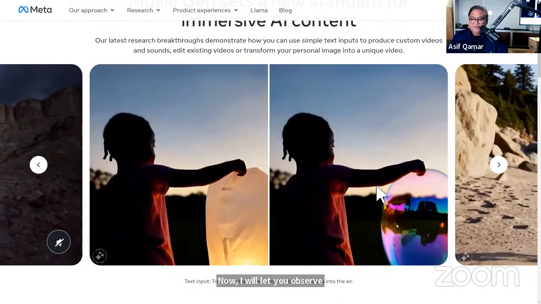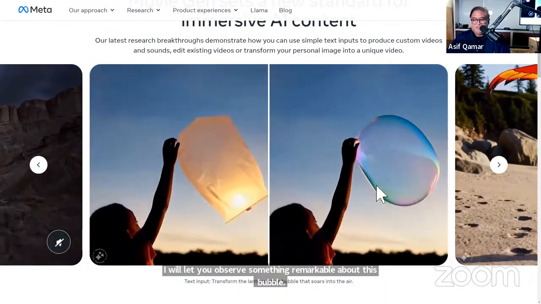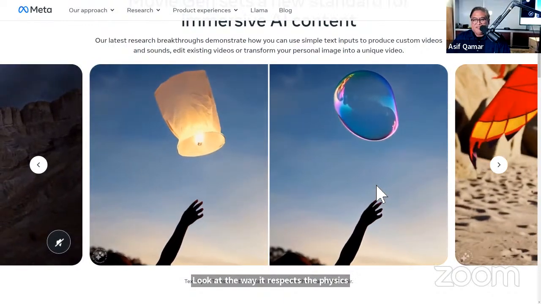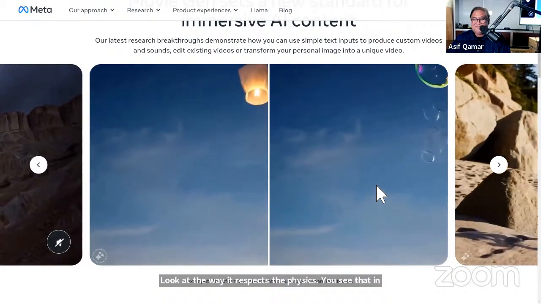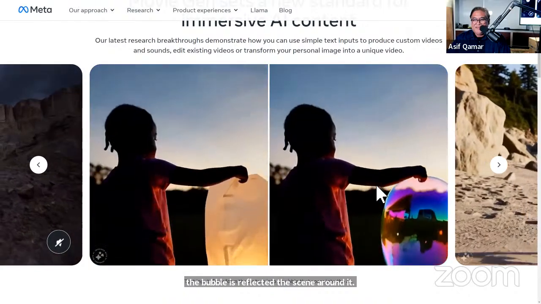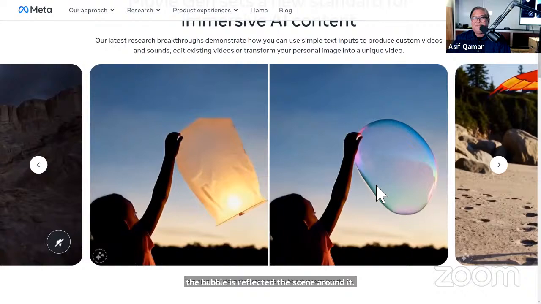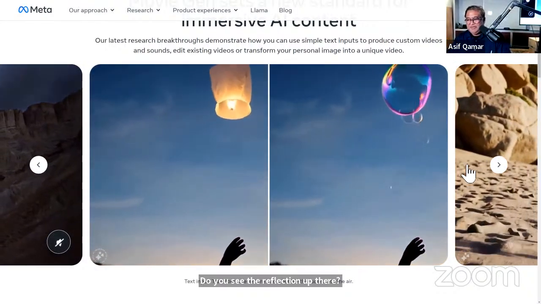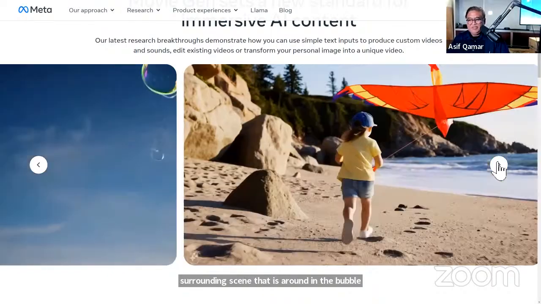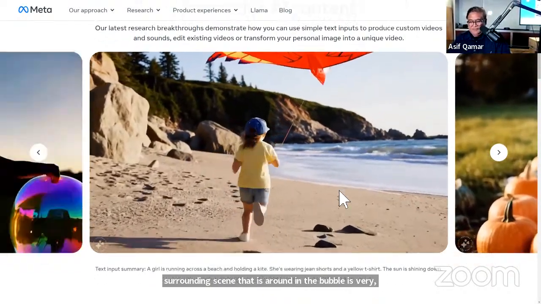Look at the way it respects the physics. Do you see that in the bubble is reflected the scene around it? Do you see the reflection of the surrounding scene in the bubble? It's very, very remarkable, actually, that a machine can understand it so well.